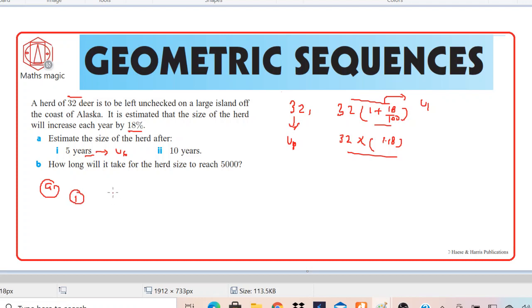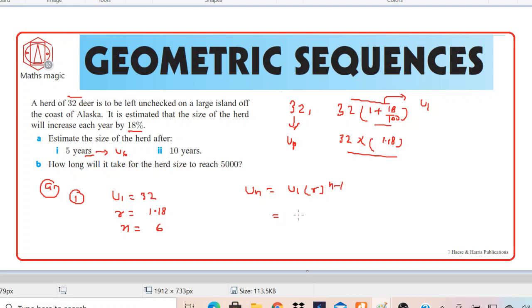So for part 1, you have U1 as 32. The common ratio, you can say it's increasing by 1.18 times every time, so r is 1.18 and n is 6, as I told you. Now let's use the formula. Hope you know the formula: Un is equal to U1 times r to the power n minus 1.